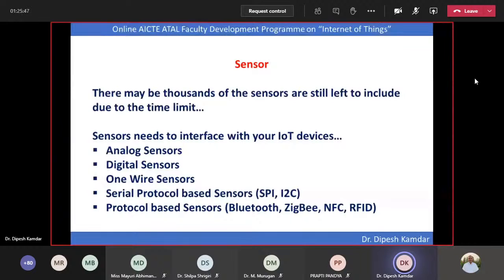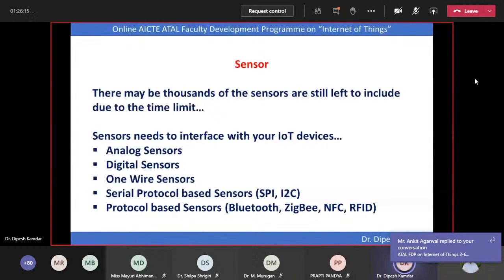There are some devices like one wire sensors, like the LM35 sensor, which gives me the output quantity which I need to get with the one wire protocol. Some sensors are based on serial protocols, mostly the SPI or I2C bus protocol.